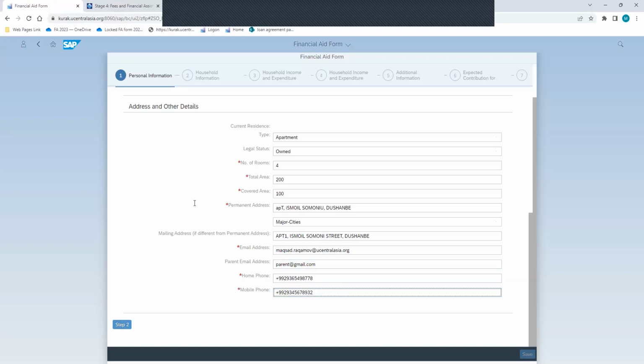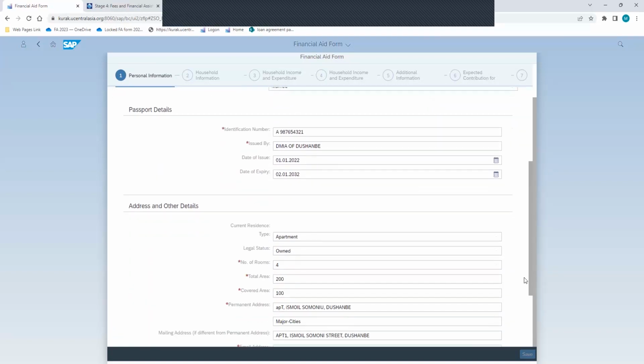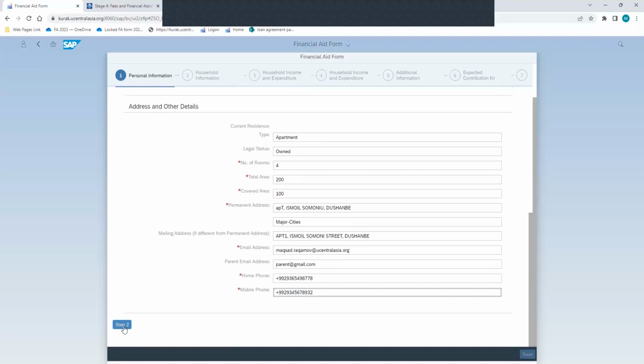And if you see, when you fill in all the details correctly and all the boxes are filled, you will have step 2 appearing right after you enter the home phone number. So I'm clicking on step 2.